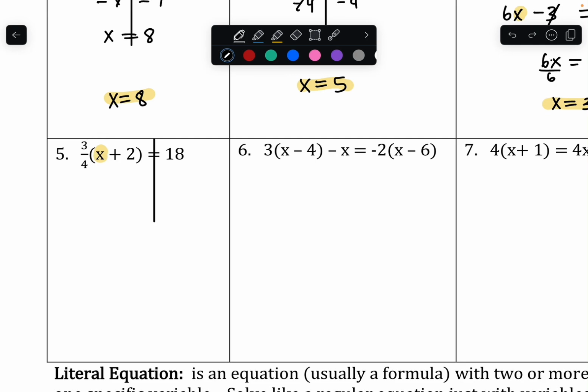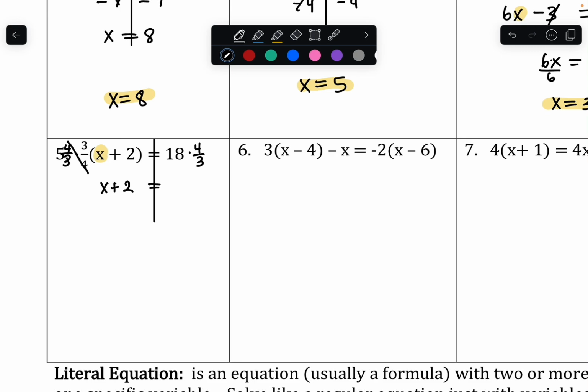And so a better strategy is to go ahead and get rid of this. The way you get rid of multiplying by a fraction is you could divide both sides by 3/4, but that is the same as multiplying by the reciprocal. Dividing by a fraction is the same as multiplying by its reciprocal. And so multiplying both sides by 4/3 would get rid of that, leaving me with just the x plus 2. So don't distribute it, just get rid of it.